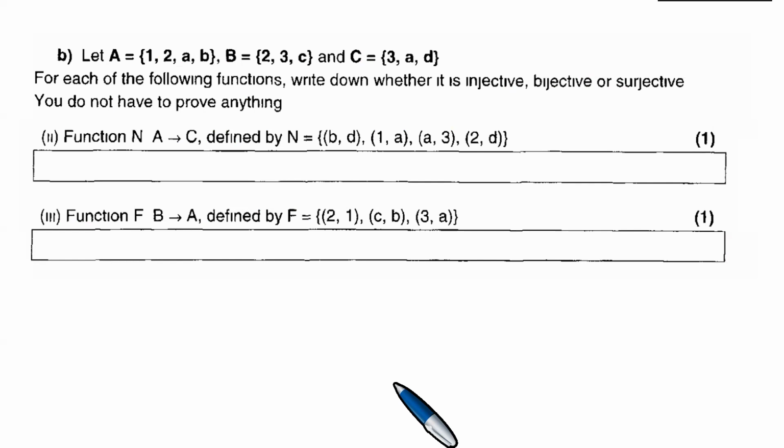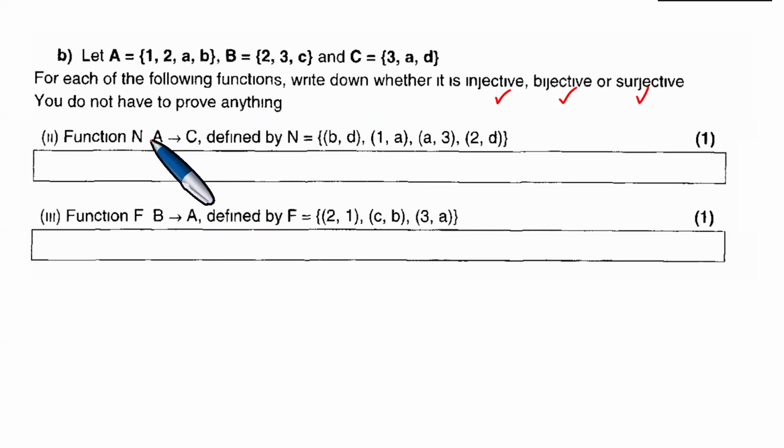Right, so dealing with the function from A to C, defined by n equals that. For each of the following functions, write down whether it is injective, bijective, or surjective. You do not have to prove anything.